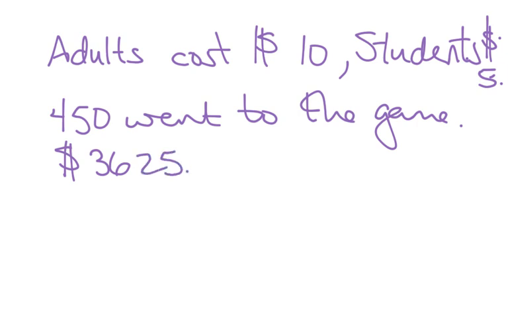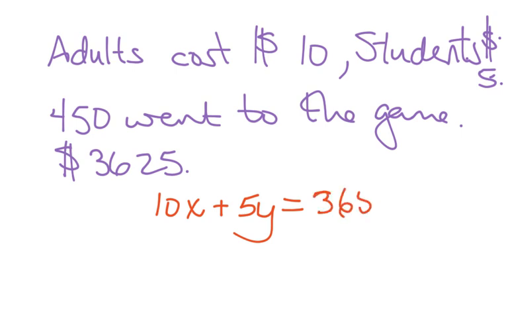So you got two variables, so we have two unknowns, so we have two equations. So the first one, we have 10x, or 10a, doesn't matter what you want to use here, and 5y, so x is adults, y is students. And there's a total of $3,625 because we are looking at cost per person.